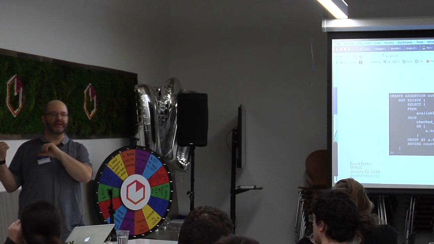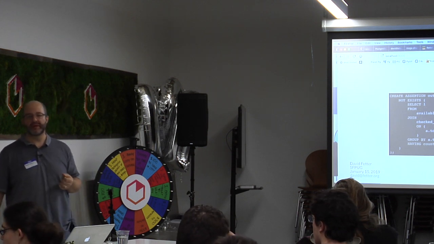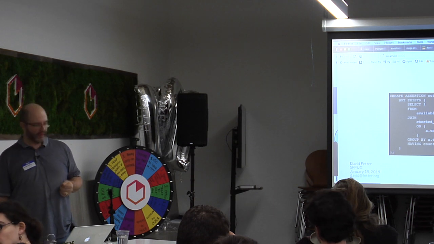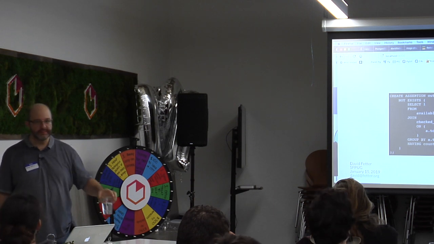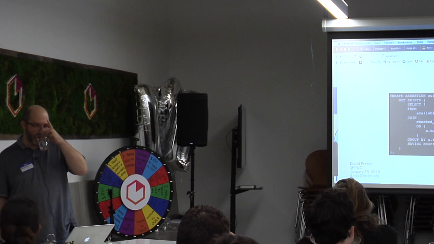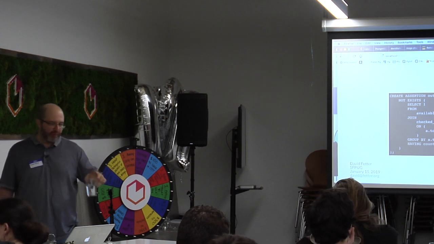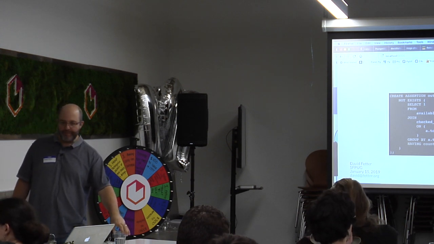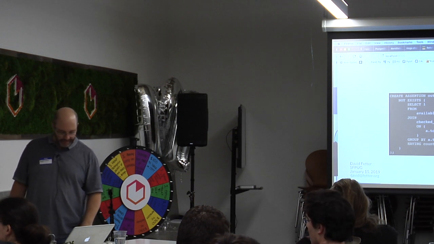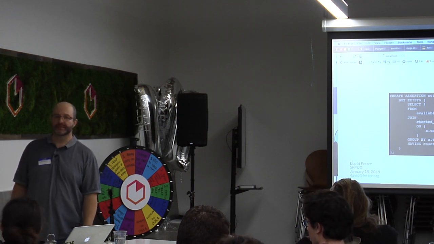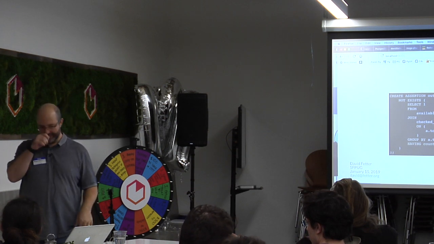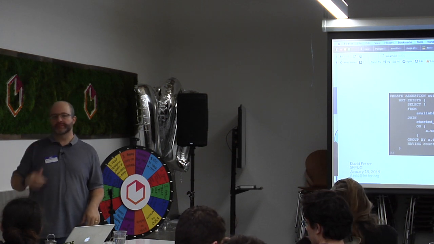You can make an argument either way as to which one's more valuable, but the tuple that happens after the before trigger is the one that's actually going to get slammed into the database. So that's the one you want to check, because the trigger could in fact take it from an invalid state to a valid state.